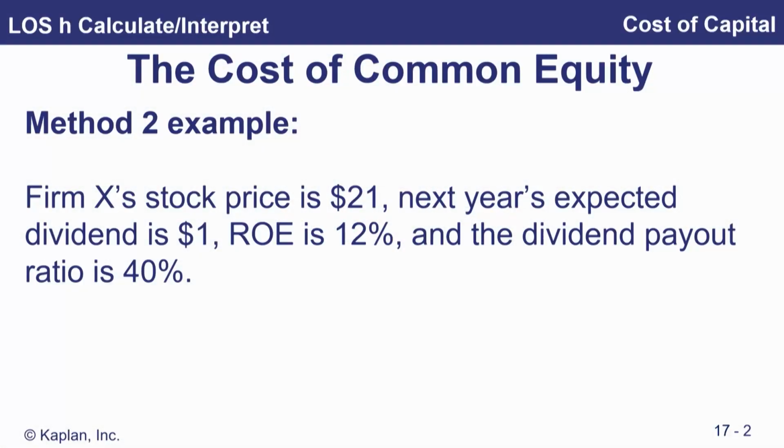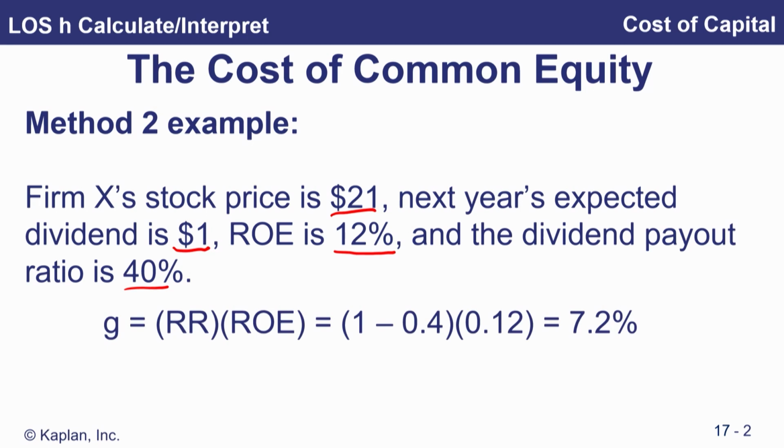So let's take a look at an example. We've got a stock price today of $21. Next year's expected dividend, that's our D1, is $1. Our constant assumed ROE, return on equity, is 12%, and the dividend payout ratio is 40%. So in that case, first, figure out our constant growth rate. Well, we have a return on equity of 12%.